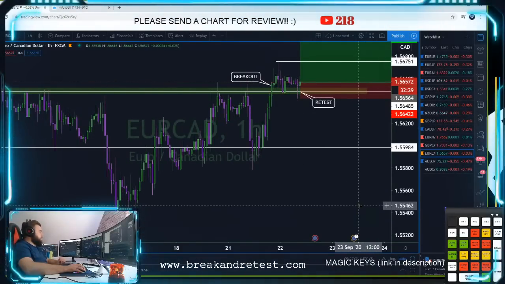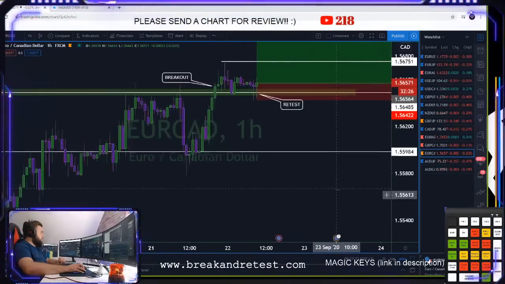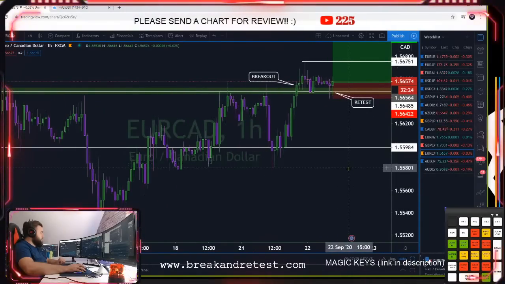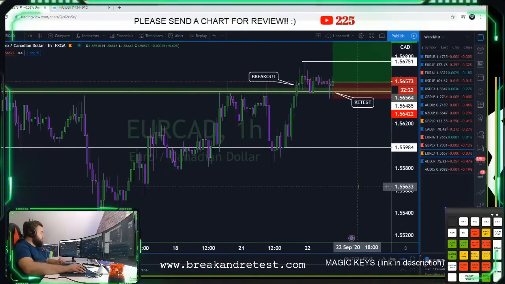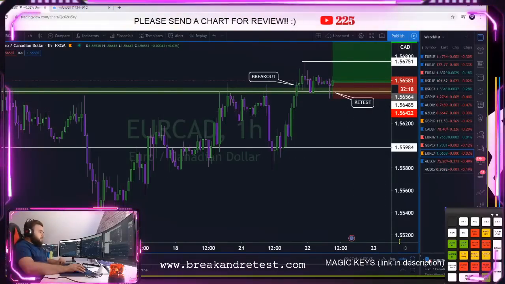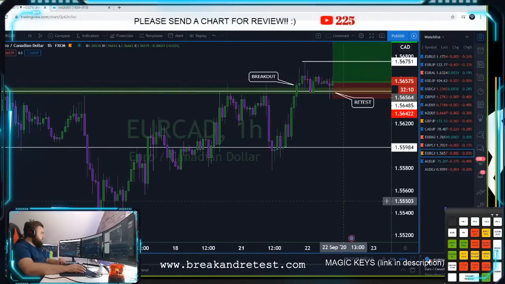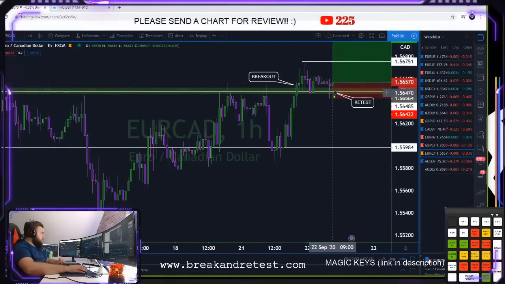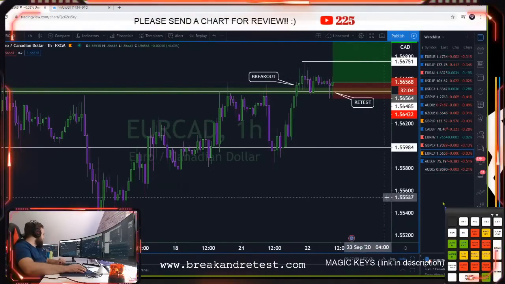Let's see what happens. This is a late entry because we were not in when it was doing the retest, so we're just anticipating more continuation after the retest. So we'll see.